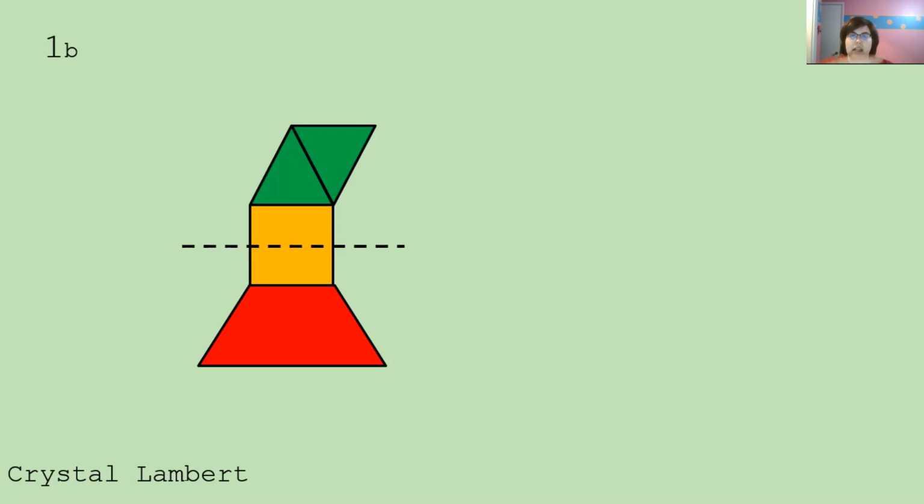This horizontal line should act like a mirror, so you should see the reflection either on the top or the bottom. What's above the line should reflect down below the line.